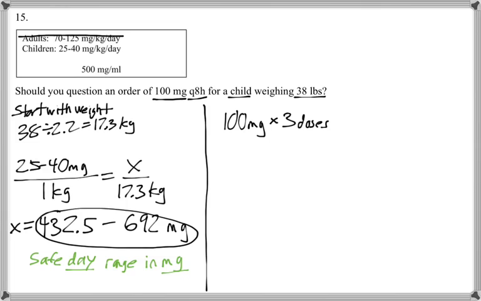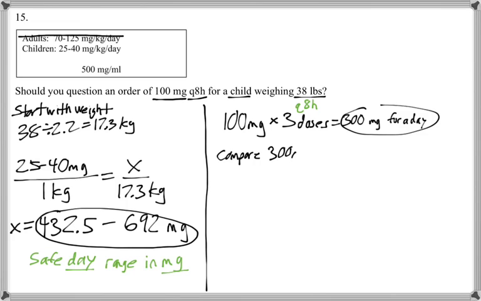And again, I get that from the Q8H. So that's going to give you 300 milligrams for a day. And then we can compare the 300 milligrams for a day with our day range, which is right here.